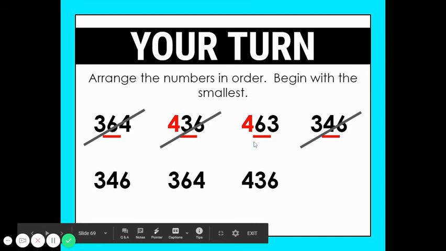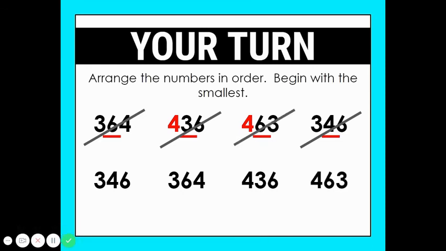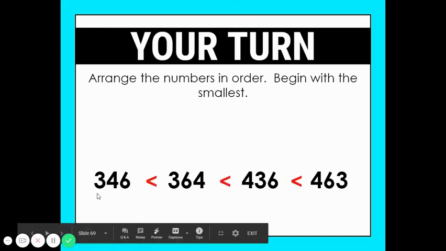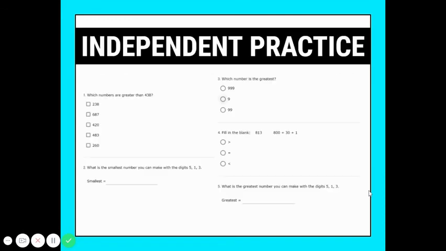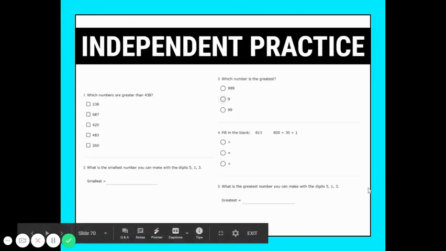And then last, I'm going to have my biggest number, which is the 463. And now what I can do is I can add in my greater than and less than signs so that it really looks like a true number sentence. So when I read this, it's going to be 346 is less than 364, which is less than 436, which is less than 463.